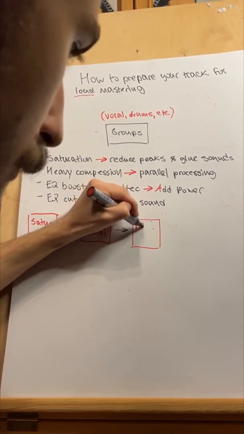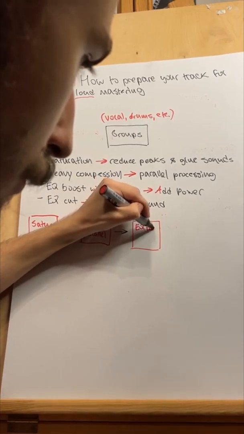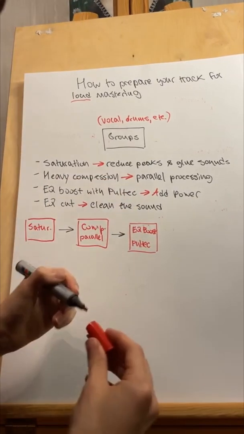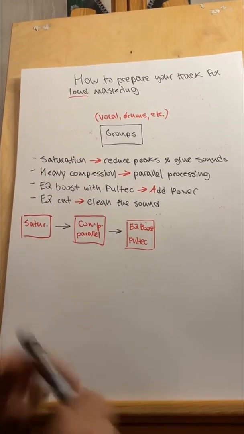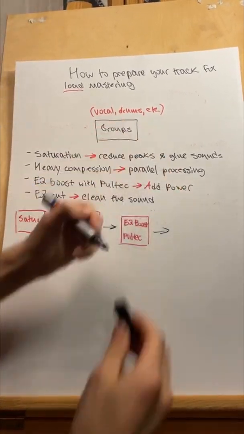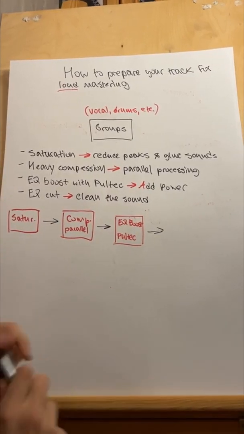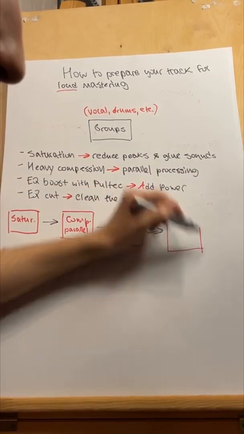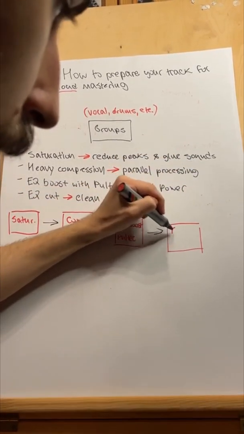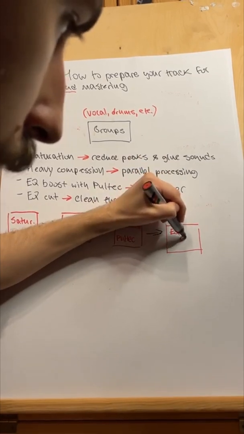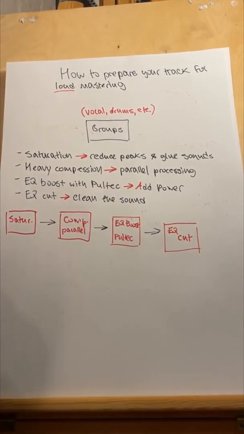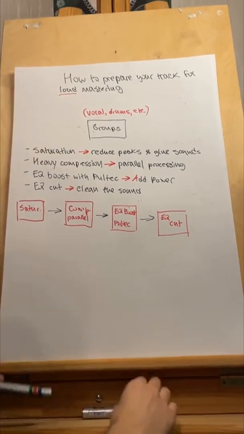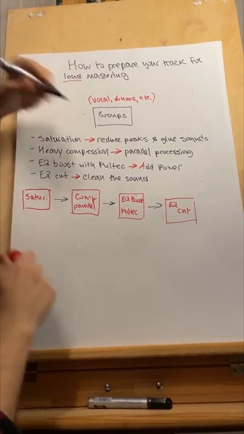EQ boost, Pultec. And after that, I would do EQ cut and clean all of the mud, all of the unwanted stuff that I might have with this processing. So, the thing that will help you to make your master loud is, the first thing, saturation.